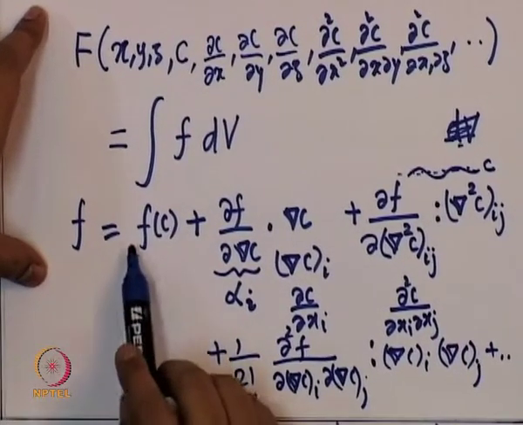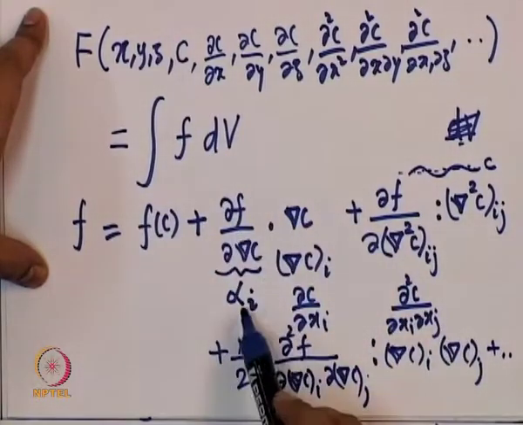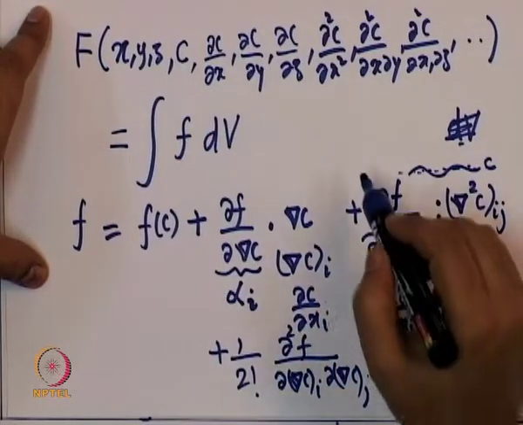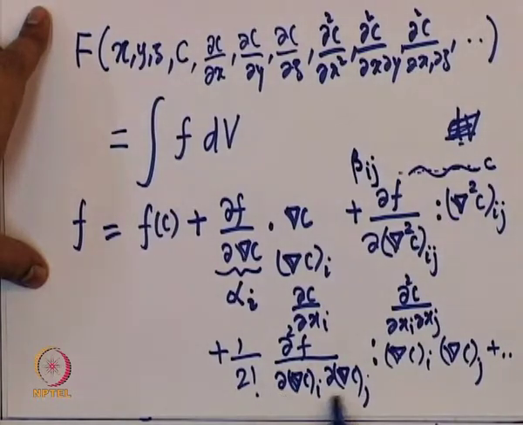Okay. So, this is the free energy functional that we are going to put. So, this is the first rank tensor I am going to call alpha, this is a second rank tensor that I am going to call beta i j, this is another second rank tensor, I am going to call this as gamma i j. So, in this fashion we can now write the free energy functional as follows.